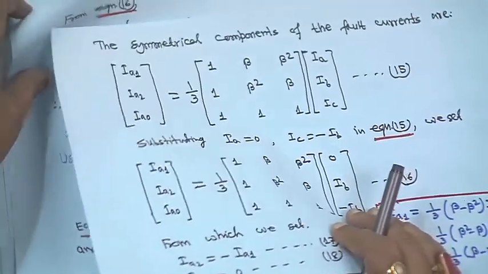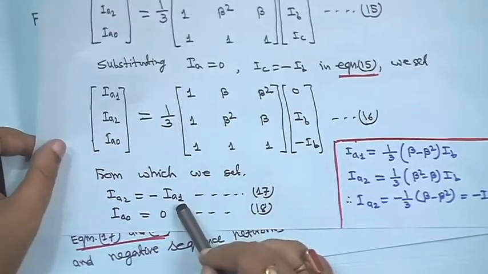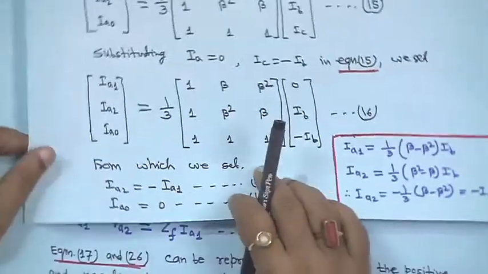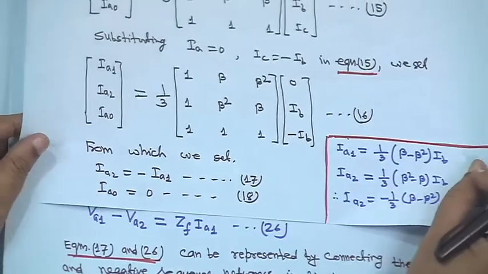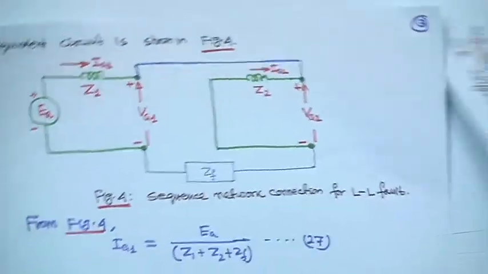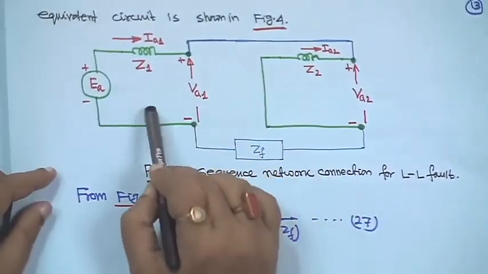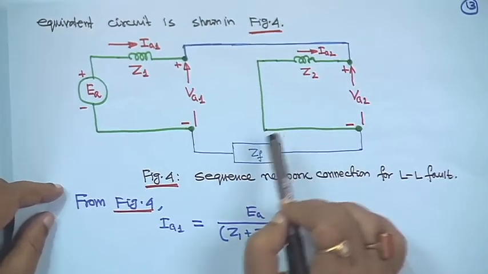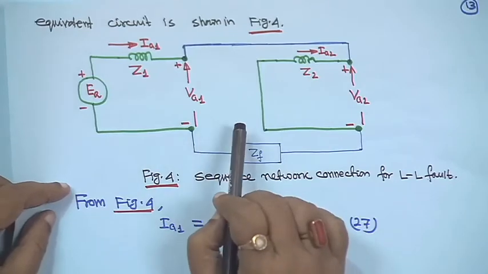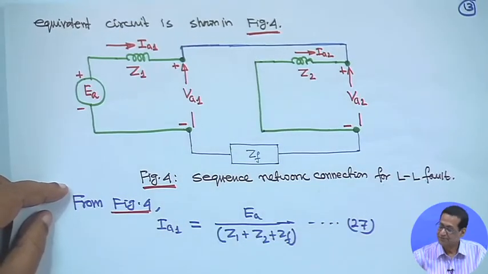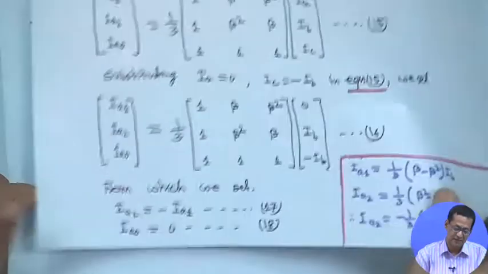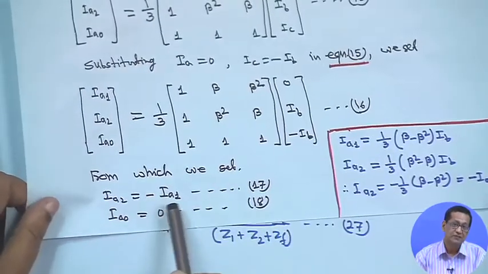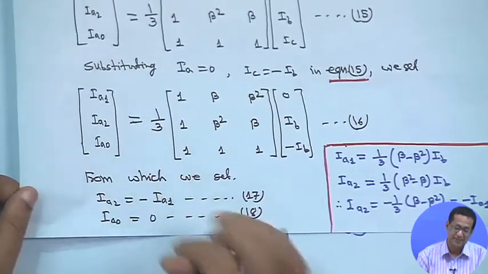I will show you. From these equations you have to judge how the network will be connected. Here the green one is our positive sequence network, and this is our negative sequence network. But we know IA2 is equal to minus IA1, that means IA1 is equal to minus IA2, so they are in opposition.